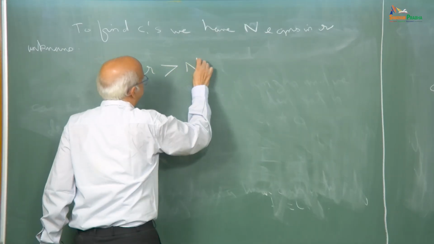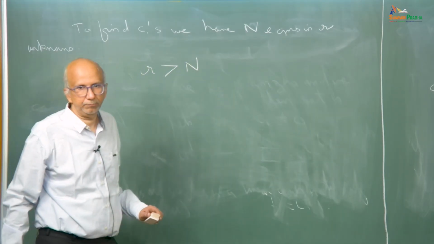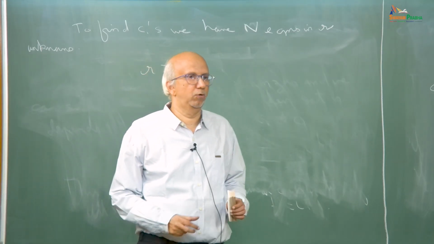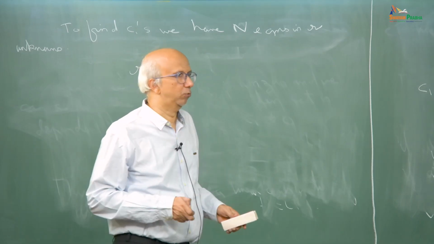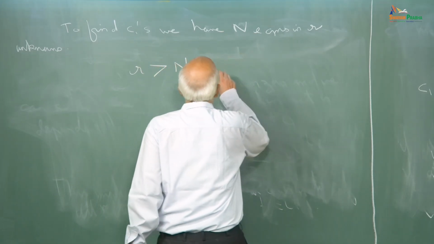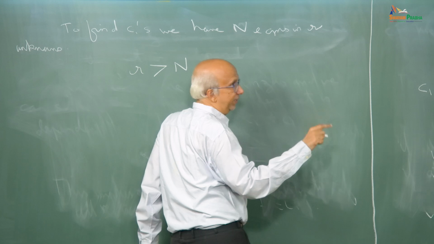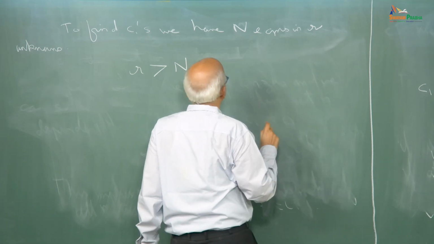Let us consider the case where R is greater than n, that is, the number of unknowns is more, the number of equations is less. Then what can I do? n is the number of coordinates, and r is the number of vectors.